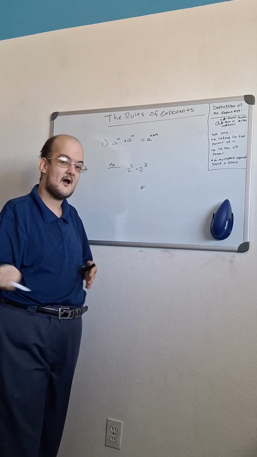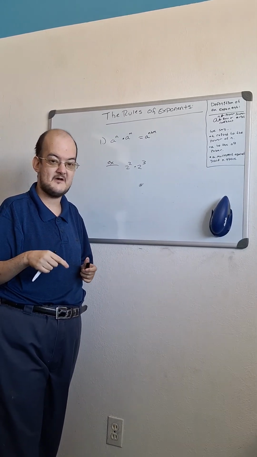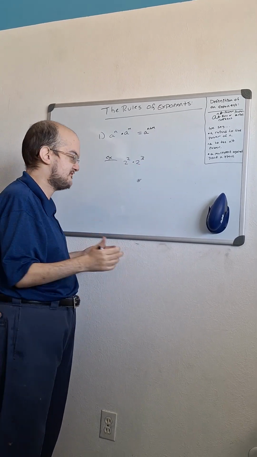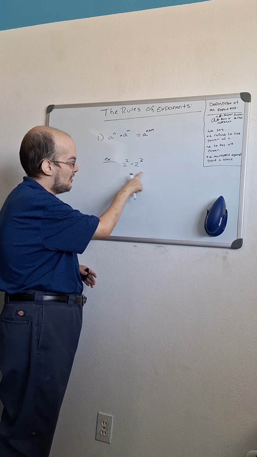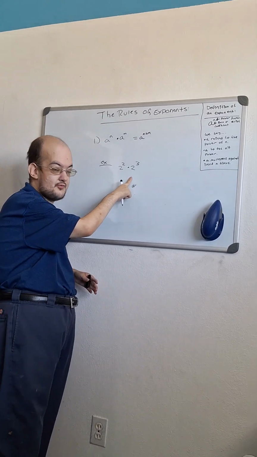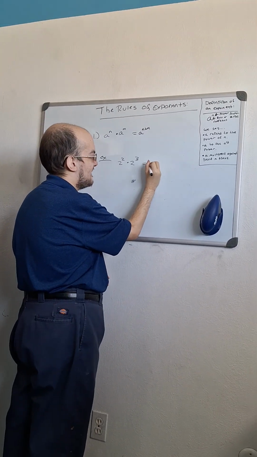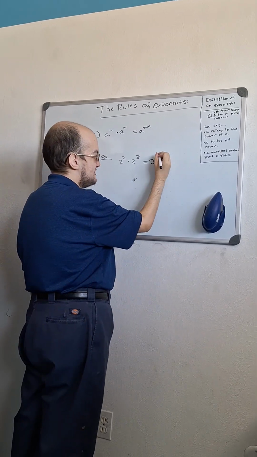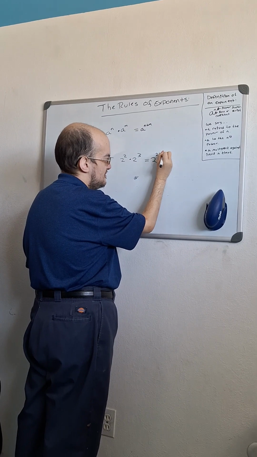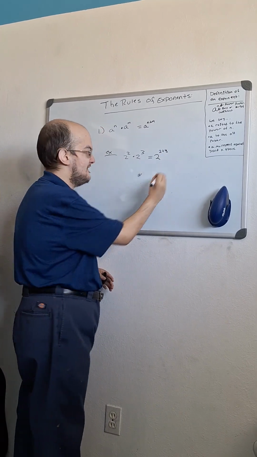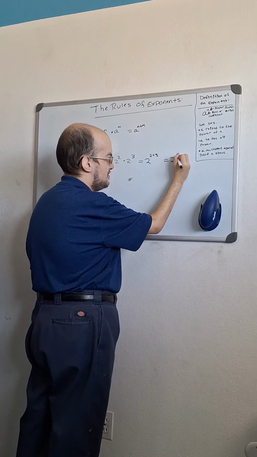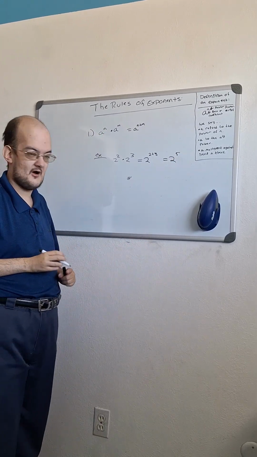If you don't know why, go back and look at our basic math tutor videos. And this means 2 cubed. Same thing. So normally this would be a product, but we can write it as 2, the bases are the same, 2 raised to the power of 2 plus 3. And we're going to get a new exponent of 2 raised to the 5th power.